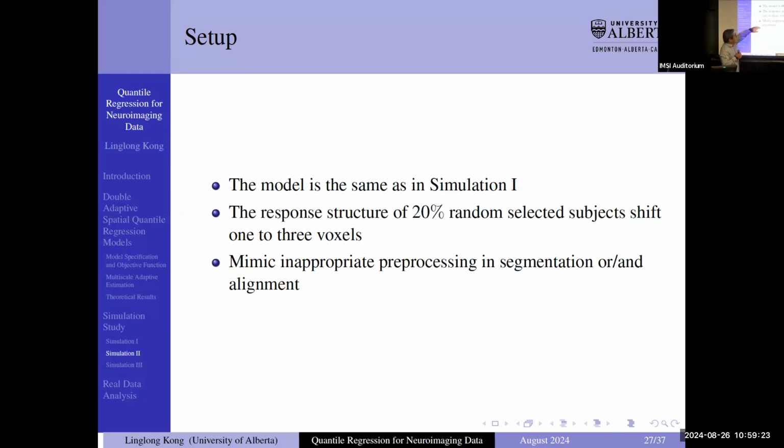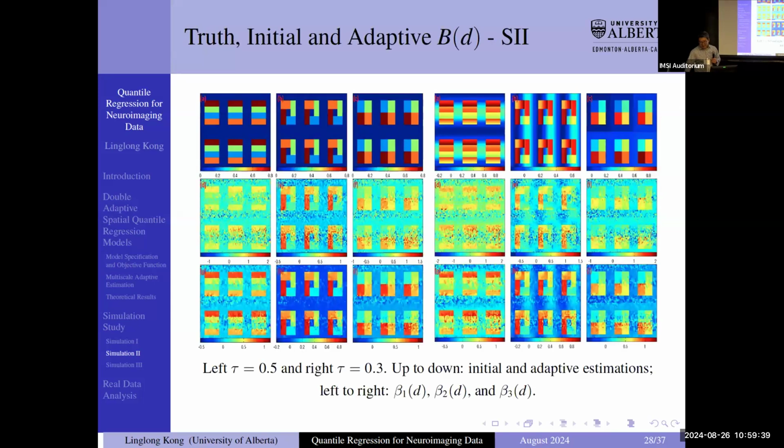In particular, for the response structure, randomly about 20% get shifted by 1 to 3 voxels, to mimic imperfect alignment and so on. We still get a similar result. This is the initial estimate, and this is the updated estimate. We get a way better result than just the initial estimate.